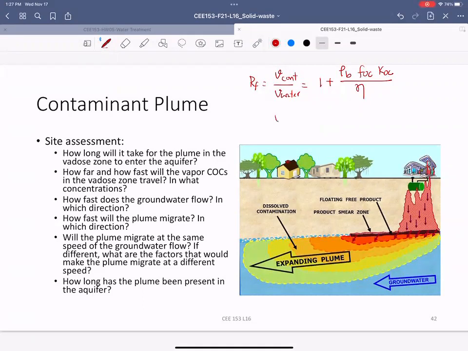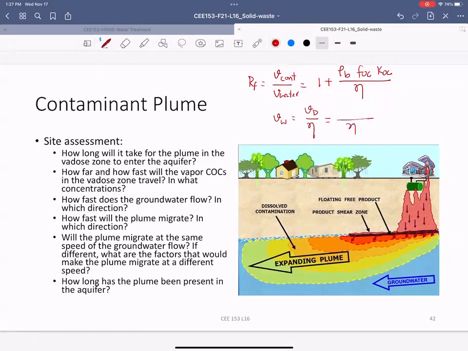And velocity of water is basically Darcy's velocity divided by porosity. And Darcy's velocity, you know this one, Q over area, where K is hydraulic conductivity. So use this equation to solve many questions.